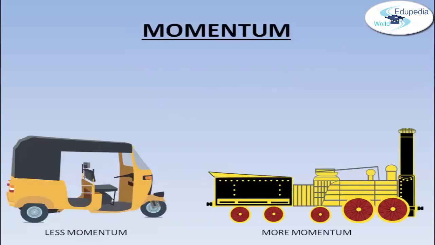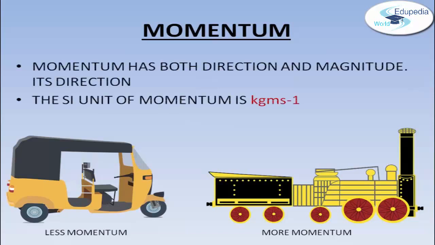We have two objects here on the screen. One is an auto and another one is a train. So if we compare these two, first of all, whose mass is more? Obviously the mass of the train is more as compared to the mass of the auto rickshaw. So that's why we say the momentum of the auto rickshaw is less than the momentum of the train.